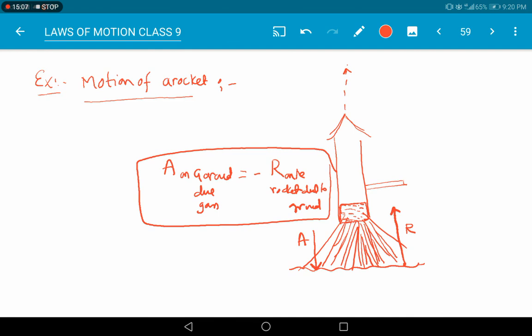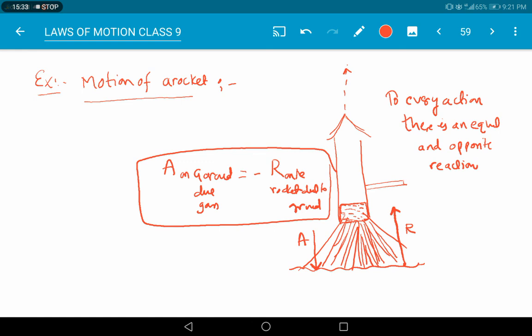Now, what is the final statement if you want to write? To every action there is an equal and opposite reaction.